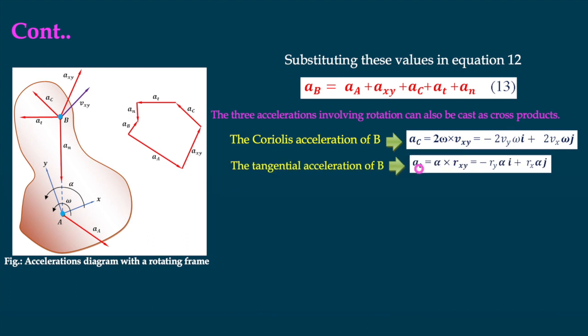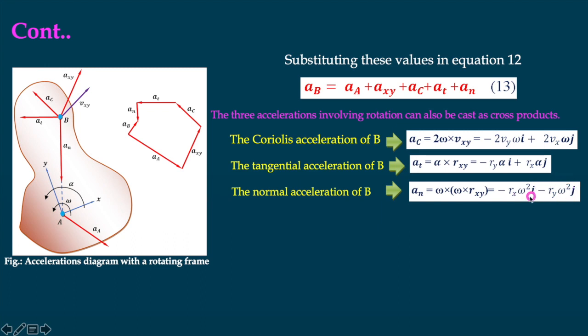And the tangential term is the cross product of alpha and Rxy, where we know Rxy is Rx i plus Ry j.